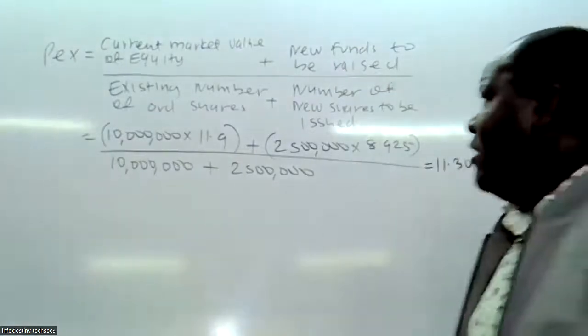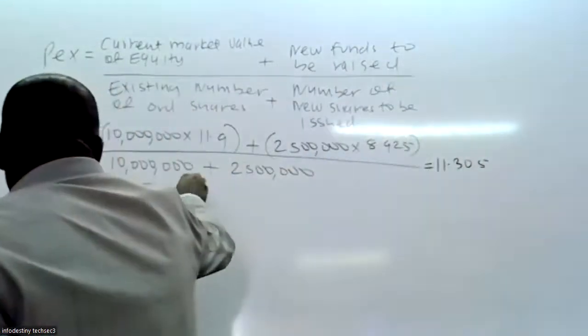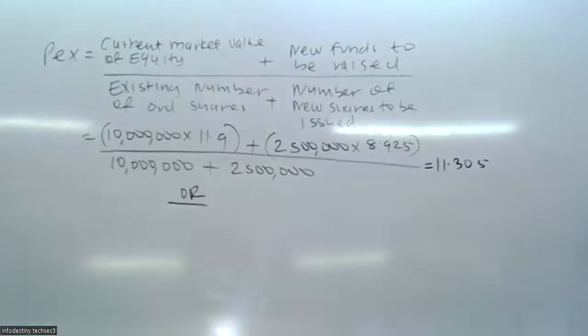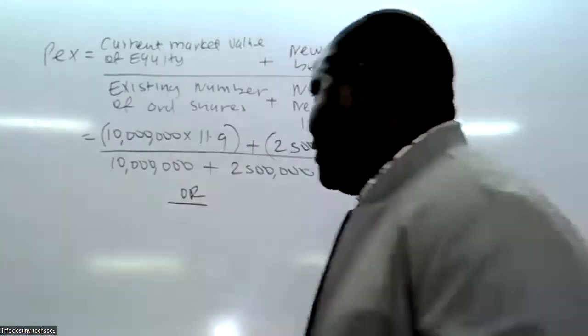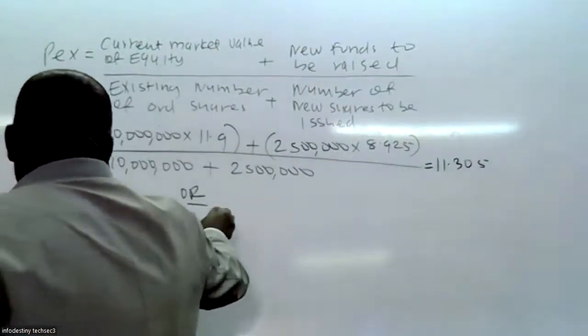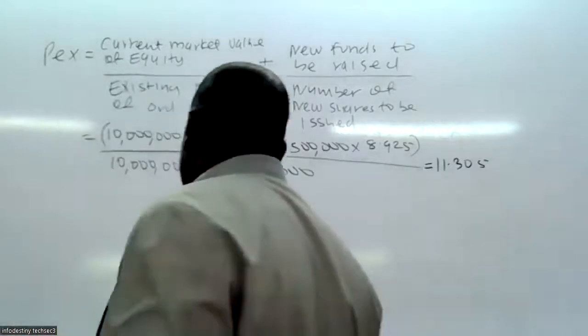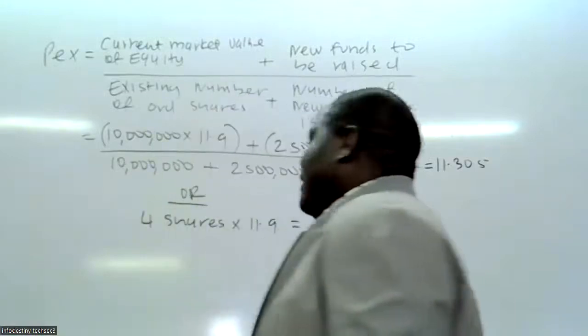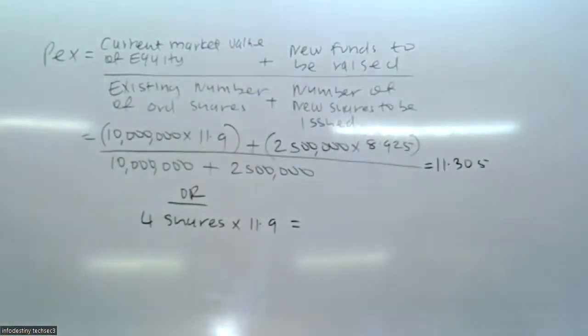So this one, you apply the formula. There is another approach I had shown you. We use the number of the rights. So the number of the rights are 4 shares, multiplied by the current market price, which is 11.9.